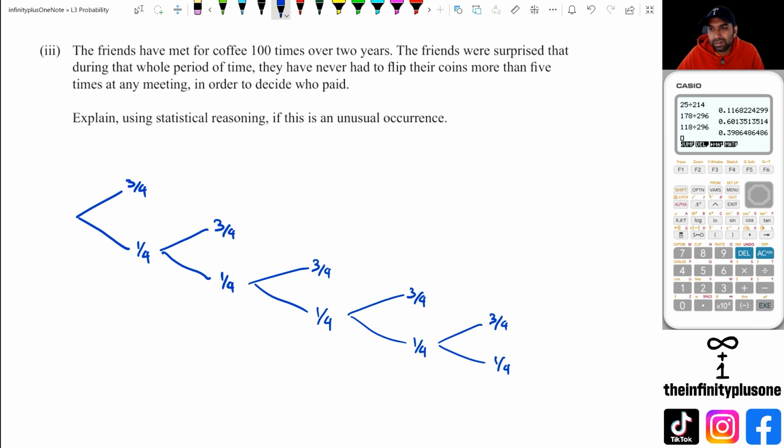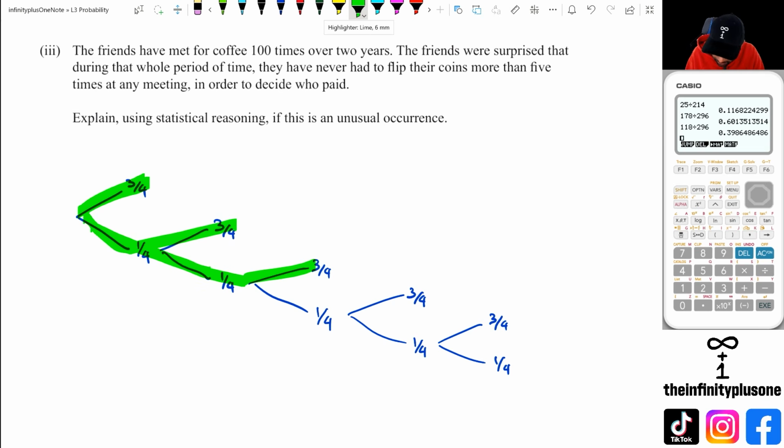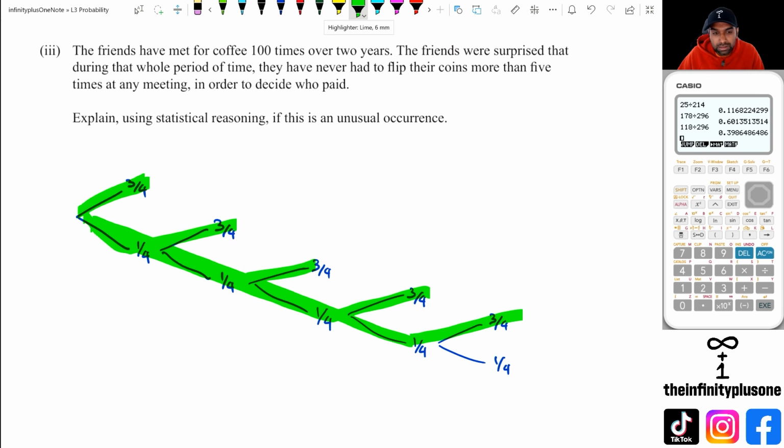So if you look at it like this, these are the first 5 flips, right? So here we have a result. So it's got to be this branch plus this branch plus this one plus this one plus this one. So we've actually got 5 branches that we need to add up.